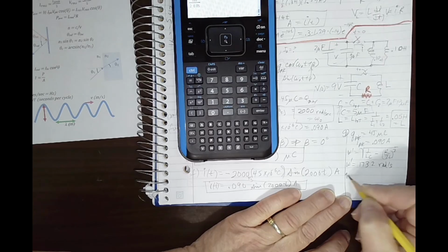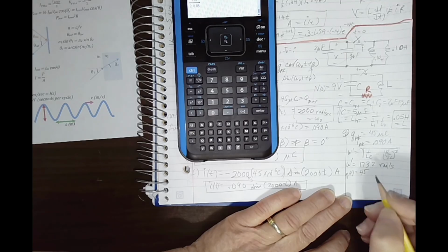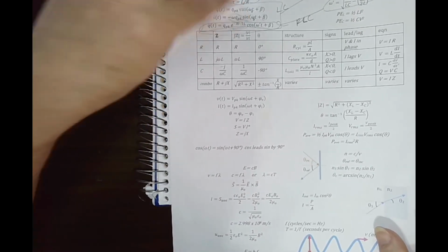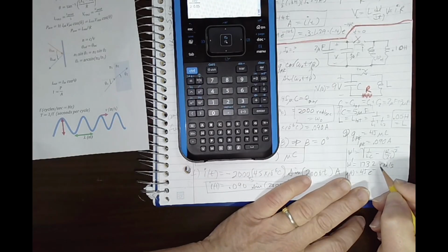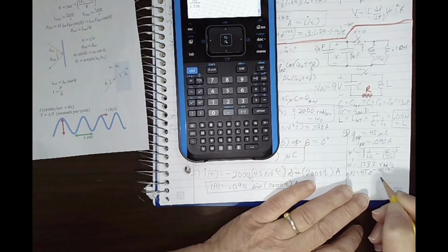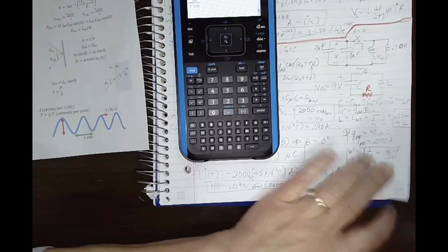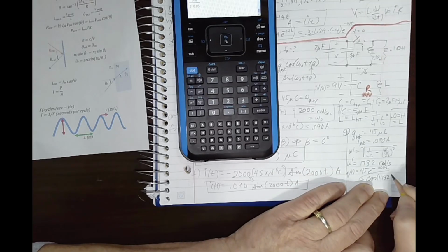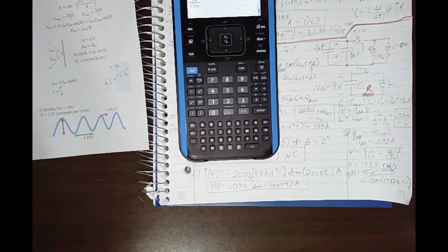So now we've got Q of t is Q peak, 45, and the whole answer is going to be in microcoulombs, times e to the negative R over 2L times t, so e to the negative 1,000 t, times cosine of omega prime, 1732 t, plus beta, which is still 0 because the current is still 0 at the beginning.